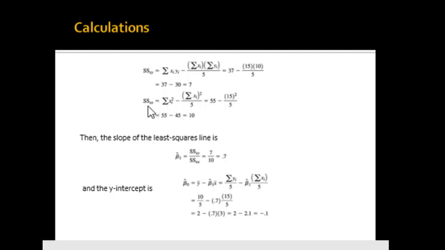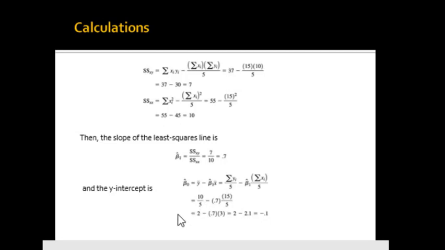Sum of squares xx is sum of all x squared minus sum of all x, whole squared, divided by 5, which gives us 10. So our beta 1 hat is 7 divided by 10, or 0.7. The y-intercept is y bar, the average of all y's, minus beta 1 hat, which is 0.7, times x bar.